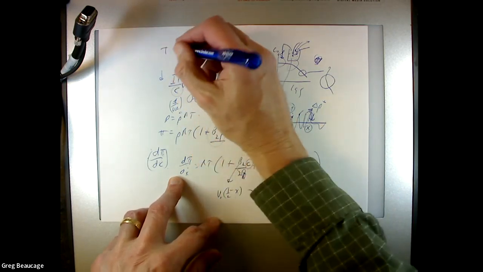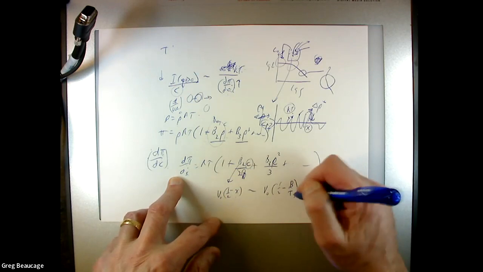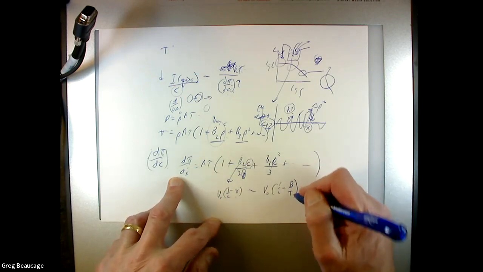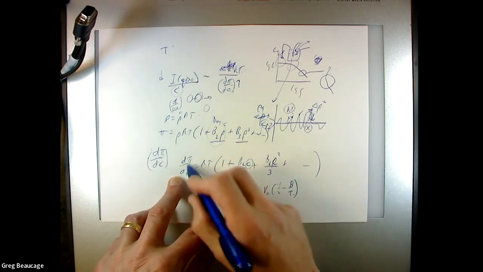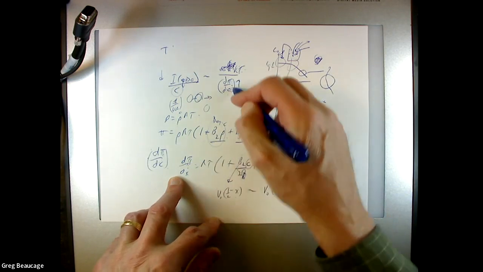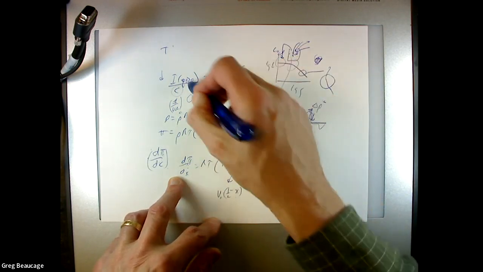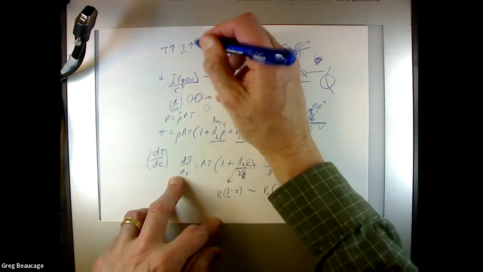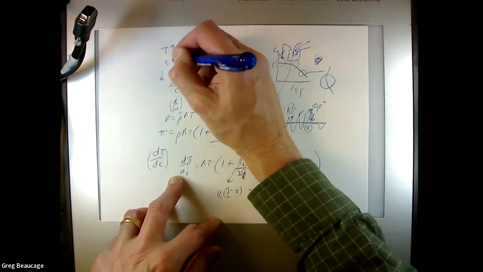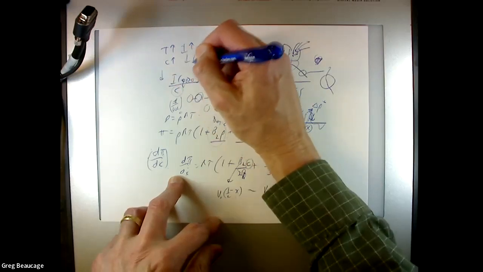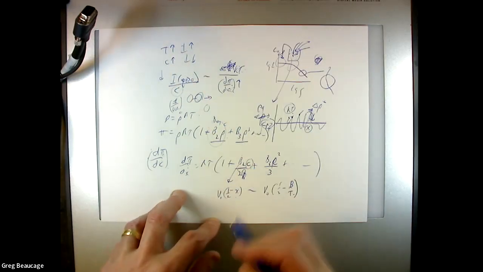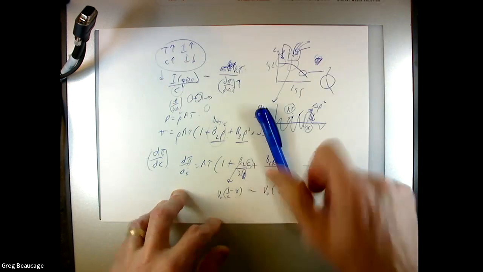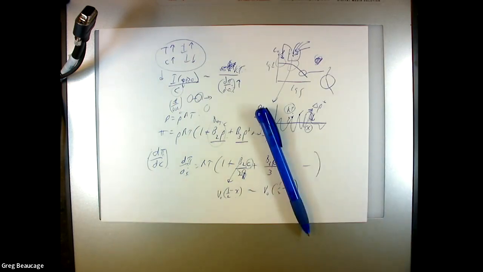So temperature up, this term down, and then this term up. Okay. And then concentration up, this guy down. This thing's linear in concentration. That's the rules to live by if I did it right.